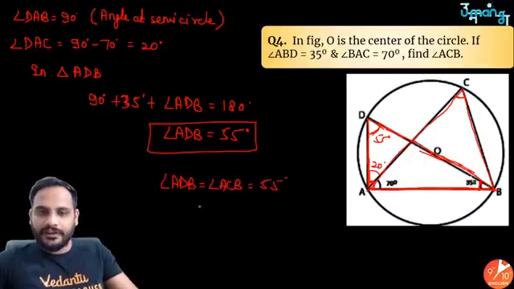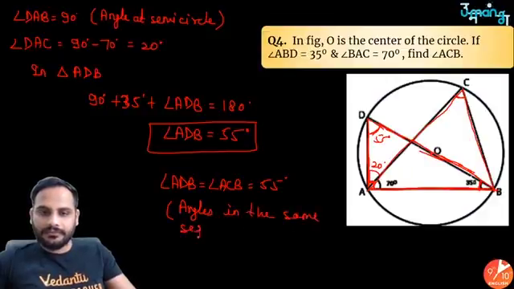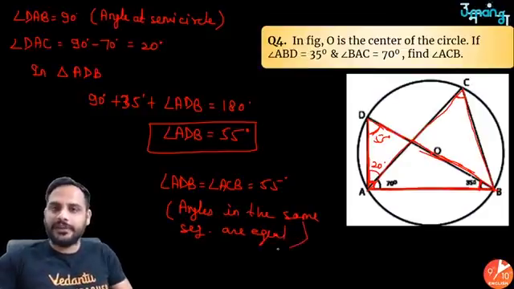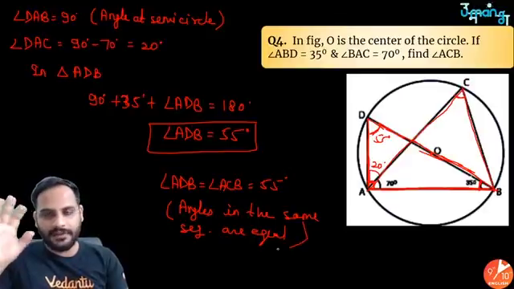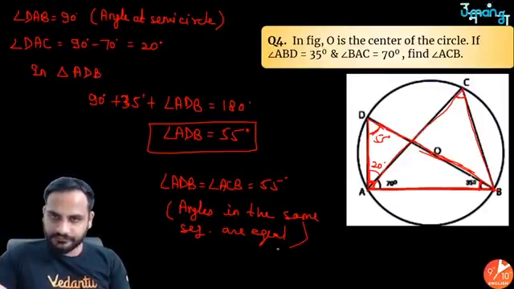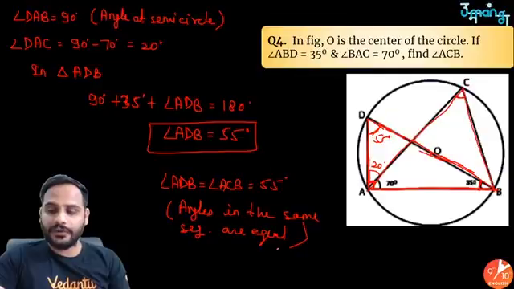Both will be 55 degrees because angles in the same segment are equal. Alright, so this is how this question will be solved. All the questions are comparatively easy. You just have to look at the diagram carefully. Look at the diagram carefully, think of the question, everything will be easy.